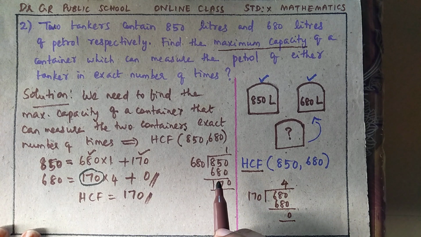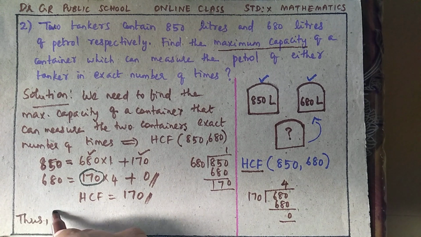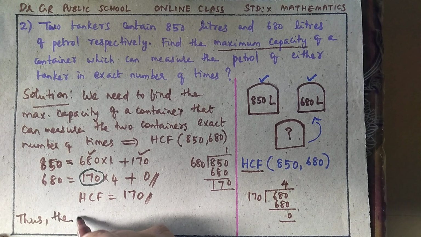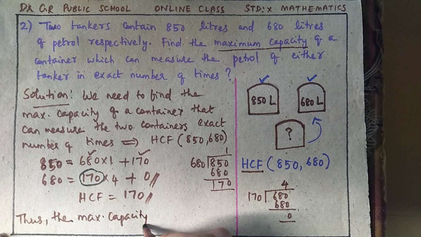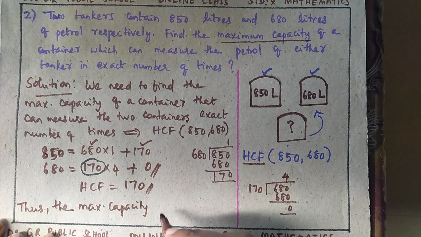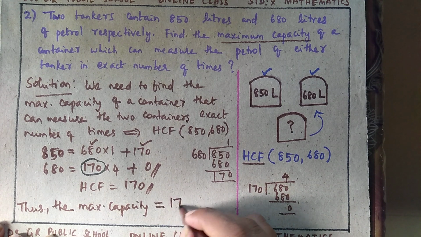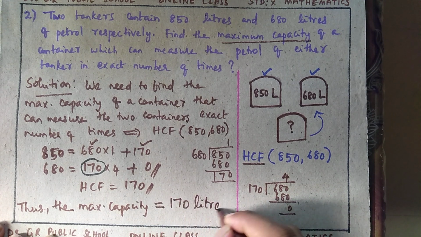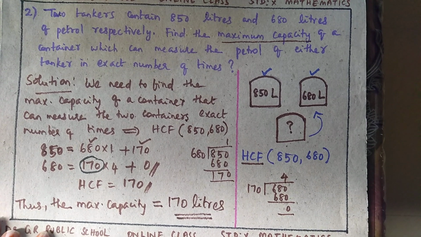The question is find the maximum capacity of a container. So thus the maximum capacity of the container is 170 liters.